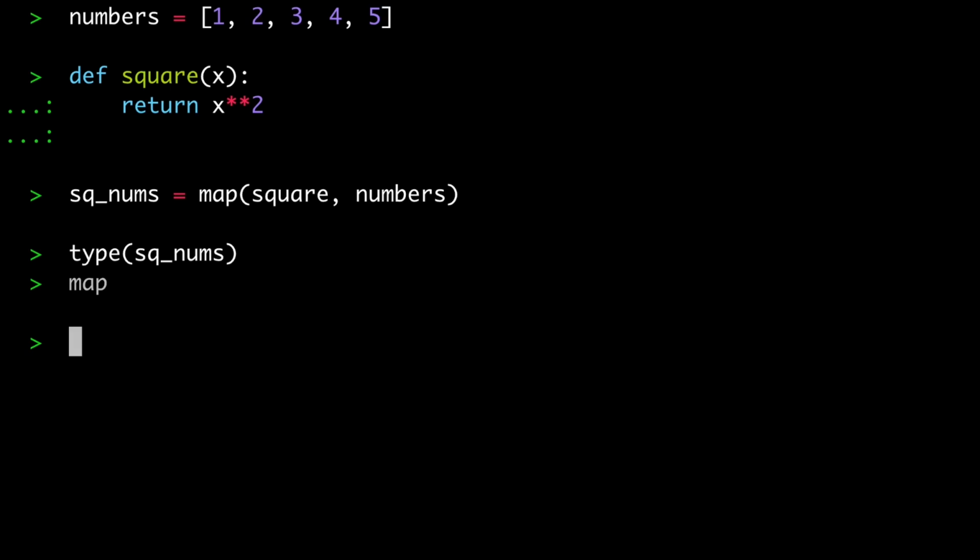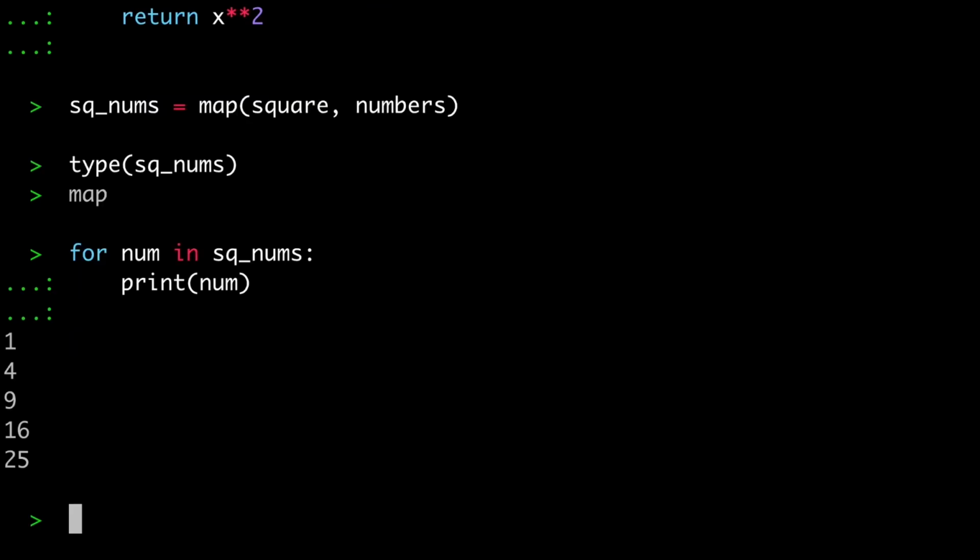For example, we could just print the values obtained or yielded by this iterator. So let's go ahead and do that. So for num in sqnums, let's just print the value of num. And there we go. We get each of those numbers in the numbers list squared. 1 squared is 1, 2 squared is 4, and so on.